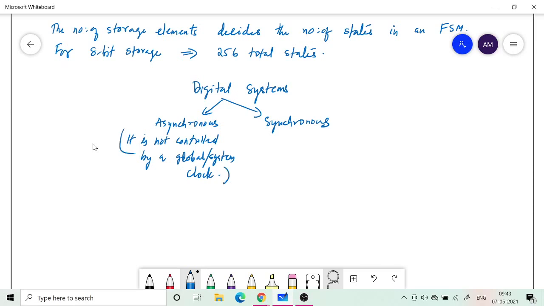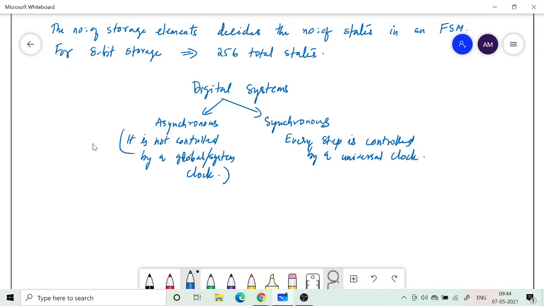Whereas in a synchronous system, every step is controlled by a universal or global clock. It is the same clock that is going to control every part of this system.